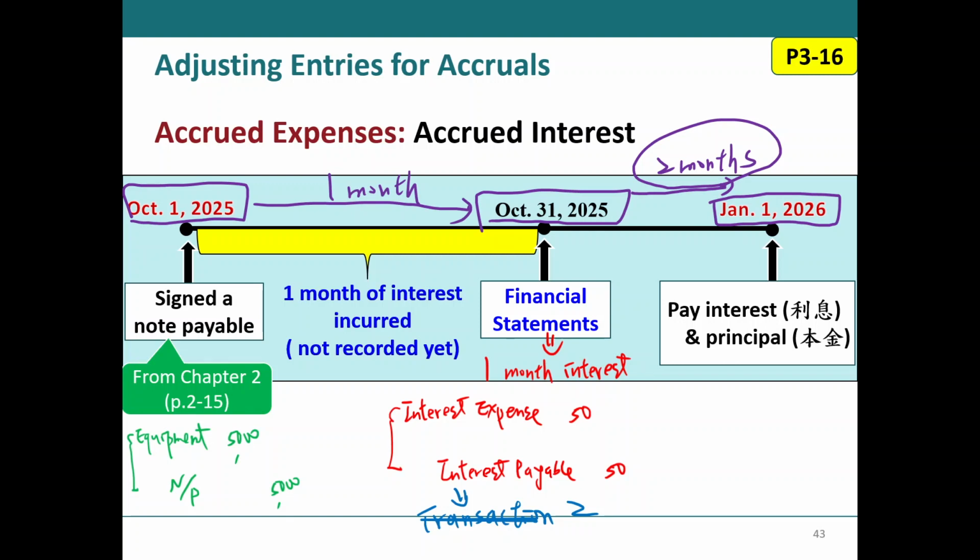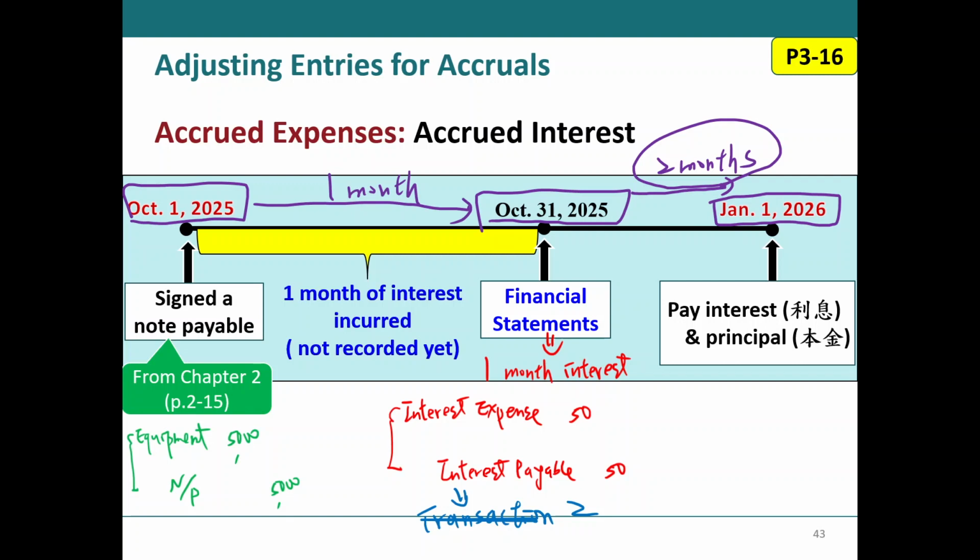So finally, after 3 months, you had to pay the money back, right? How much money should you pay? Principal, the money you owed. Also, you should pay how much? Interest. For how long? Totally, you should pay the interest for how long? 3 months, right? Because from October 1st to January 1st, you promised to pay the money back after 3 months.